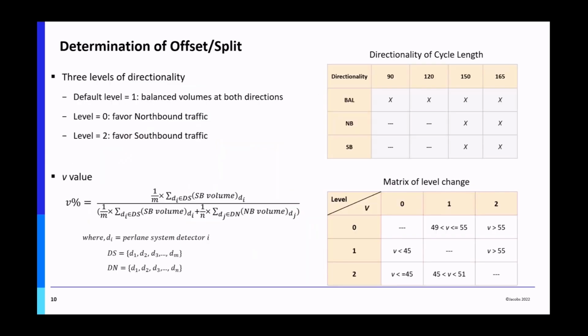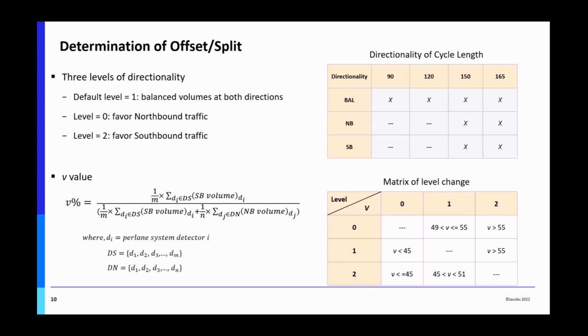So after the cycle length was determined, the selection of the offset and phase splits refers to the proportion of directional volumes represented by 3 levels of directionality. And with 90 and 120 cycle lengths, only the default level is used here, which assumes there is no significant difference between northbound and southbound volumes.